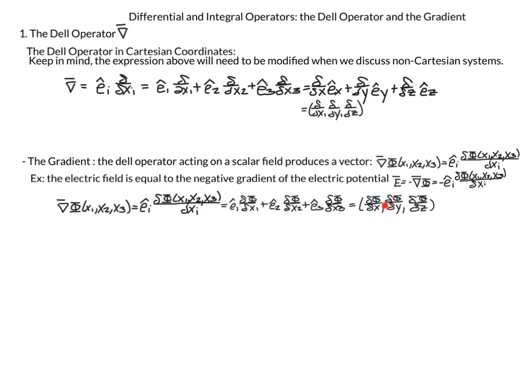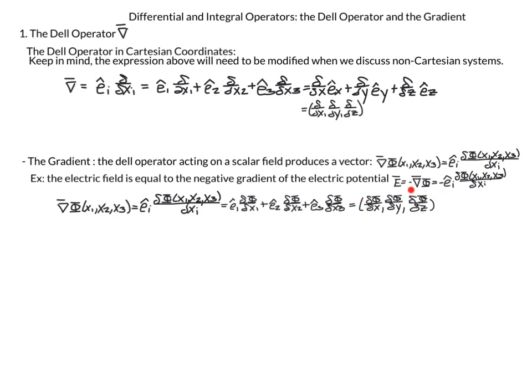So expanding that out again, I dropped the x1, x2, x3, but you just have to remember it is a function dependent on x, y, and z of a vector. That's e1 dphi/dx1 plus e2 dphi/dx2 plus e3 dphi/dx3, and then written as a triplet, and I feel like this is the most concise way of saying it, it's dphi/dx, dphi/dy, and dphi/dz.